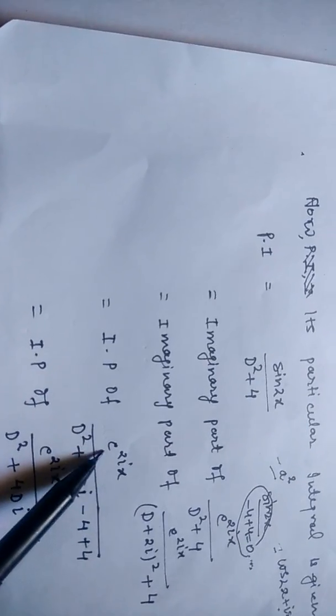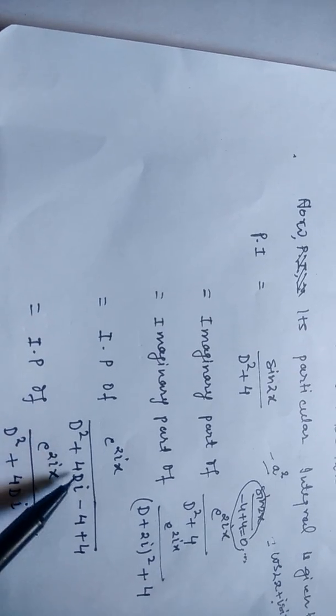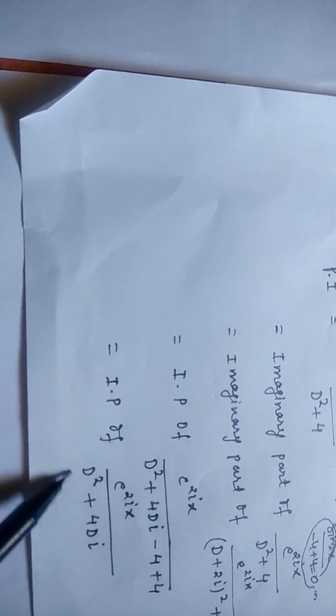On solving this bracket, we have e to the power 2ix divided by d square plus 4di minus 4 plus 4. Now this is equal to the imaginary part of e to the power 2ix divided by d square plus 4di, since minus 4 and 4 get cancelled.